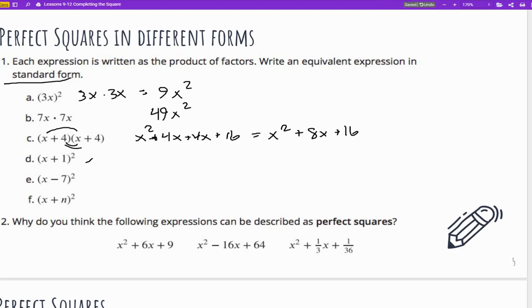It turns out that exponents like this, they do not distribute across addition. Okay, so let me write that up here. Exponents do not distribute over addition or subtraction.